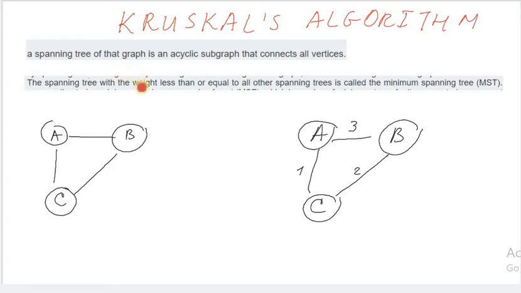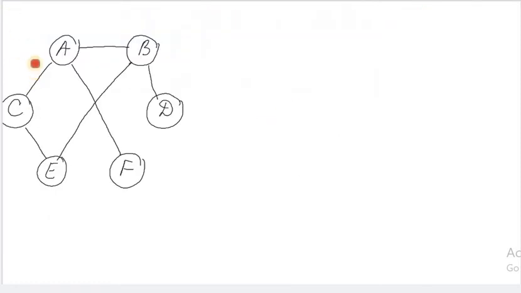And respectively, the minimum spanning tree is just the spanning tree which has minimum weight or minimum cost. And the weight of the graph is just the sum of all its edges costs. And so this is our graph G, which we will use for illustration in this video.